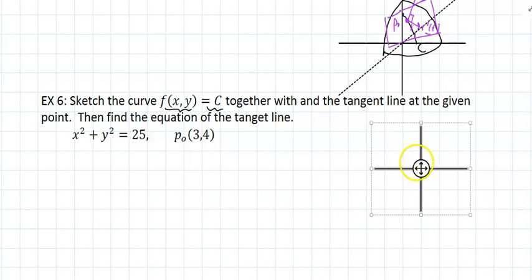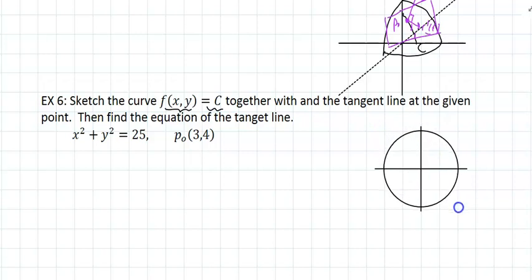With a radius of 5, let's assume this is a 5. So sketch the graph of x squared plus y squared equals 25 together with the tangent line.